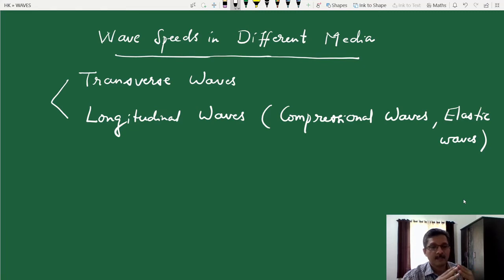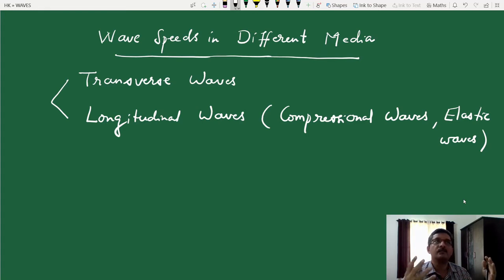Because in an electromagnetic wave, you might have studied that there are electric field and magnetic field. Electromagnetic wave is a combination of electric field and magnetic field. So oscillation takes place in electric field and magnetic field. These variations are mutually perpendicular, and the direction of propagation of the wave is perpendicular to both electric field and magnetic field.